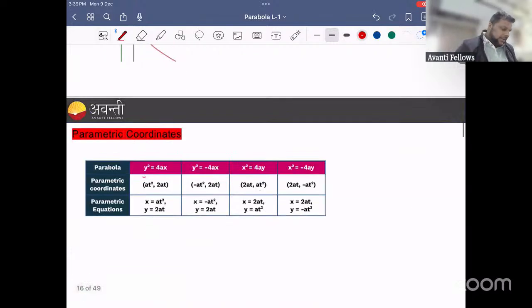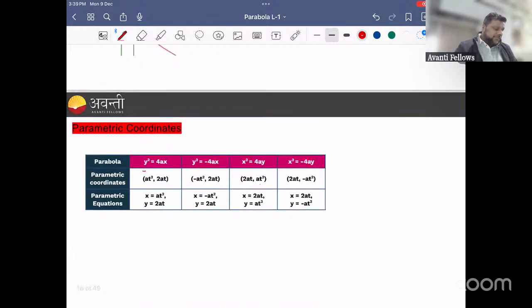Got it? Now, what are the different parametric coordinates for different parabolas? For y square equals 4ax, it is (at square, 2at). For y square equals minus 4ax, it is (minus at square, 2at). For x square equals 4ay, it is (2at, at square).